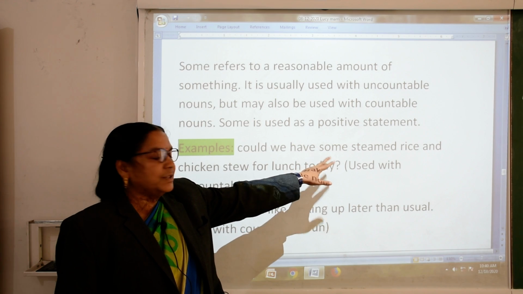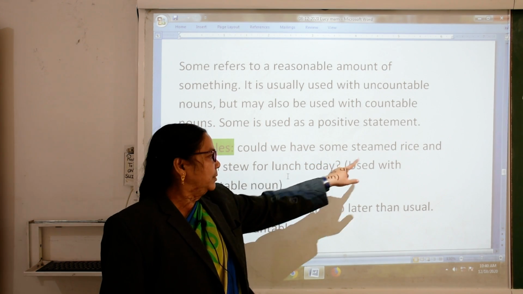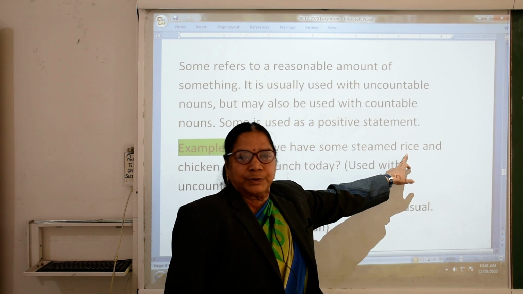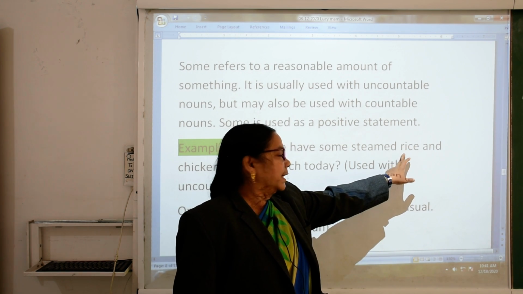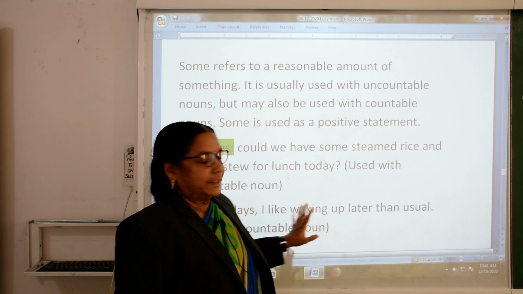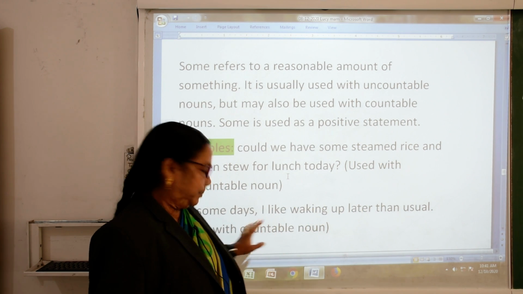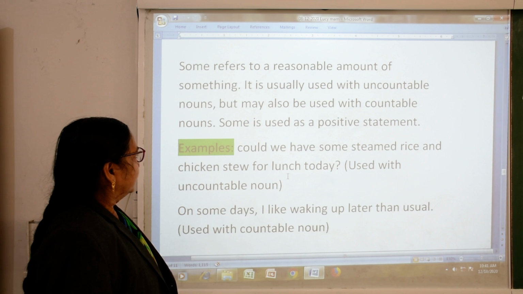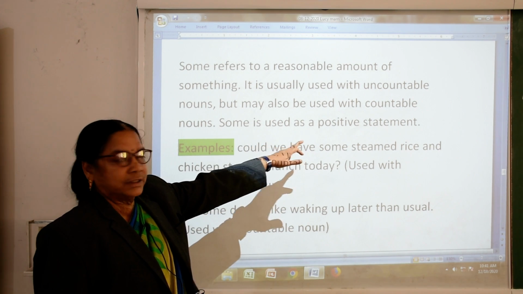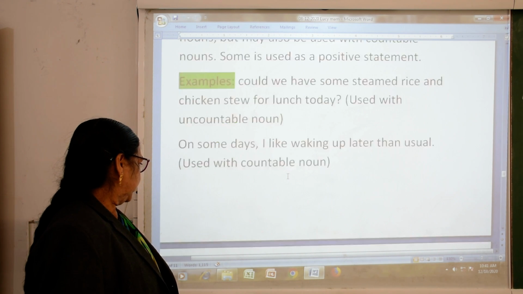Could we have some steamed rice? Rice is uncountable. So, it can be used with uncountable also, and very rarely with countable. Some is used in positive statements.